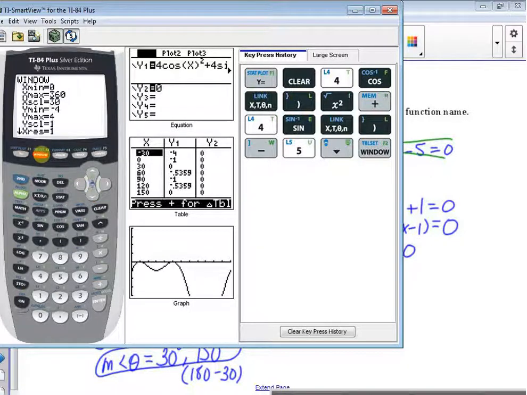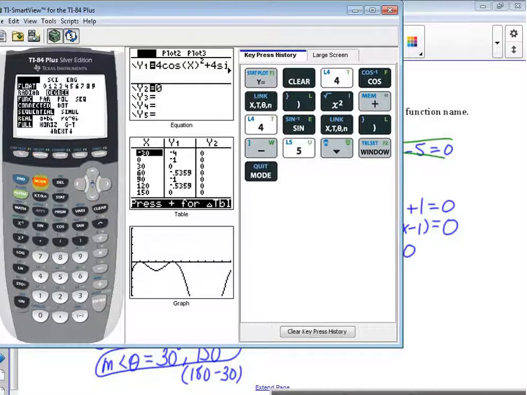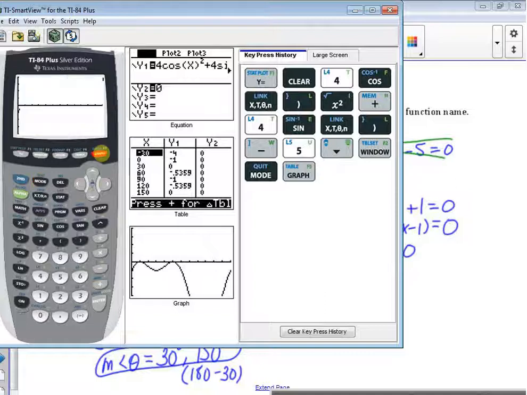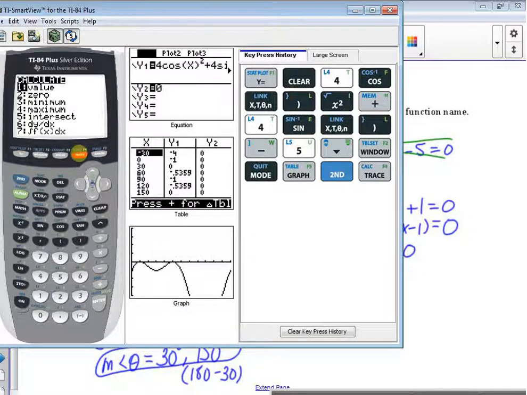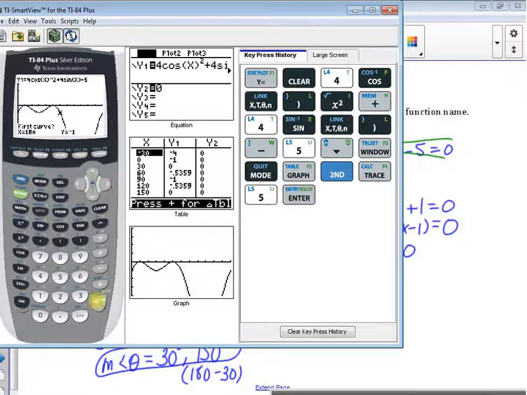My window is good. Let me make sure my mode is good. Yep. So you can see that it's intersecting in two spots, and since I'm going by 30s, you can see that those spots are 30 and 150, but if not, you can do second trace intersect, and we'll get the 150.